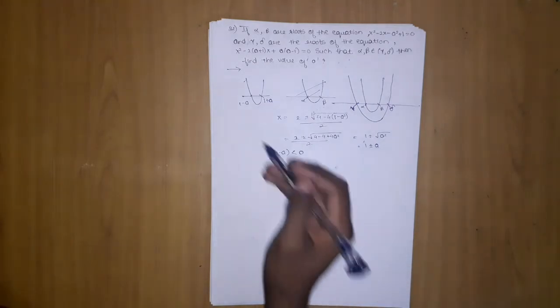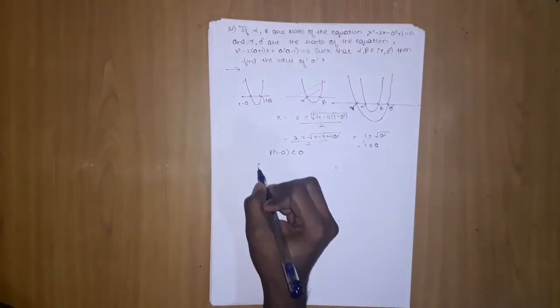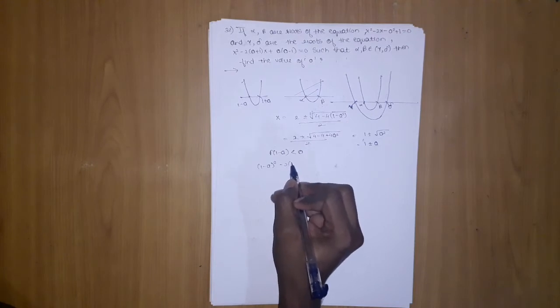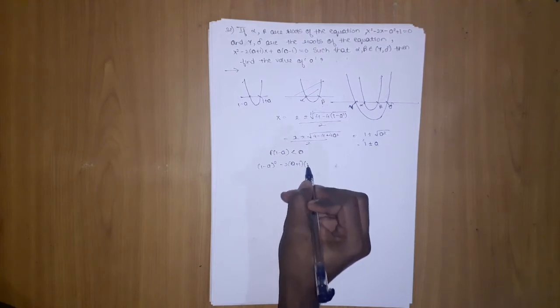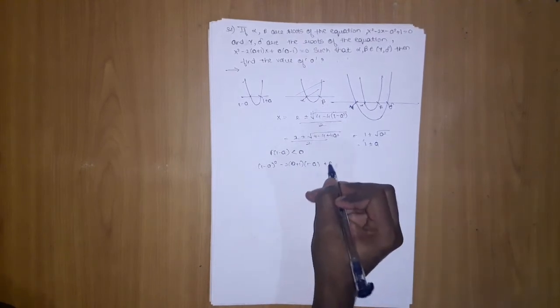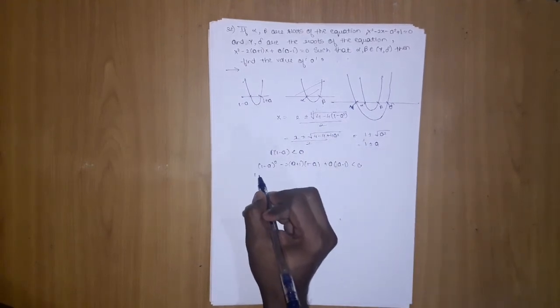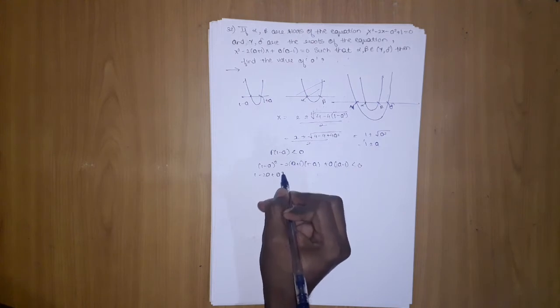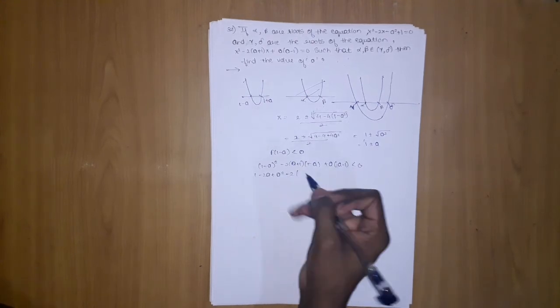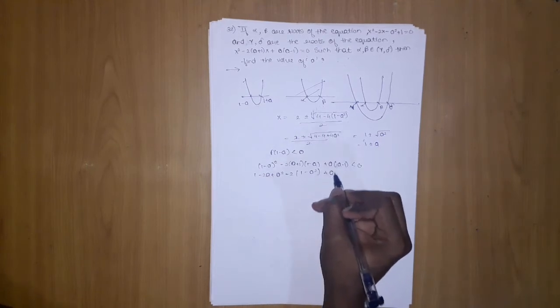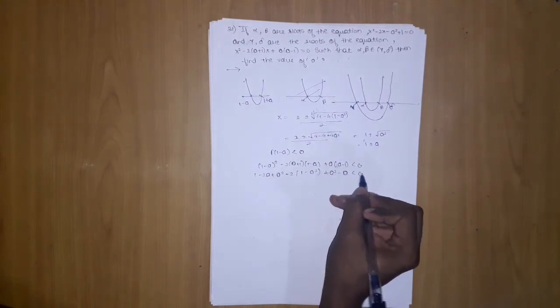So we will put it here, which will give us (1 minus a) whole square minus 2(a plus 1)(1 minus a) plus a(a minus 1) should be less than 0, right guys? 1 minus 2a plus a square, minus 2, here we can apply a minus 1 minus a square, which will give a square minus a should be less than 0.